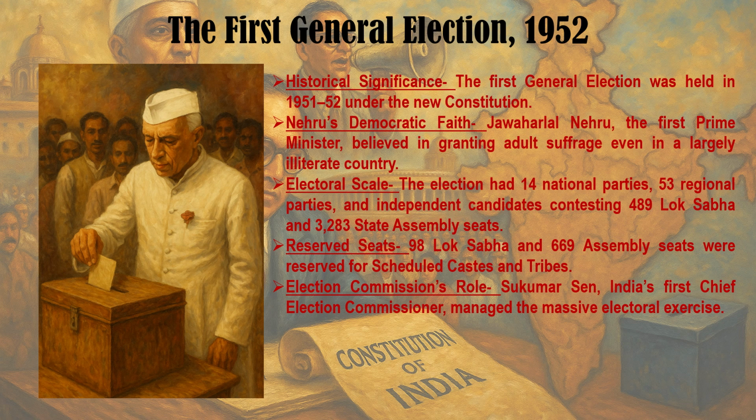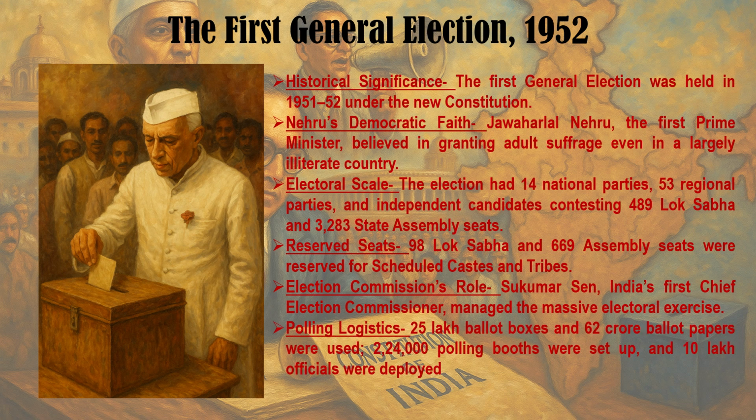Sukumar Sen, India's first chief election commissioner, managed the massive electoral exercise. So, this is the first chief election commissioner in India who managed the massive system of Indian election in 1952. 25 lakh ballot boxes and 62 crore ballot papers were used.